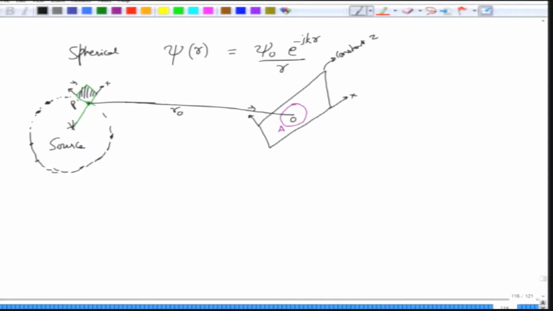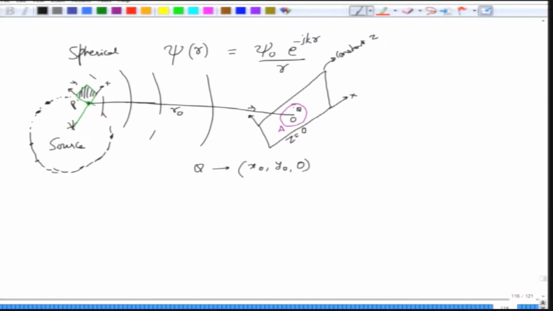At this point there will be a spherical wave. If I consider a point Q here on the aperture, Q has the coordinates x0, y0 and 0. Remember, I am considering this as a constant z plane, so I can take this plane to be at z equal to 0.